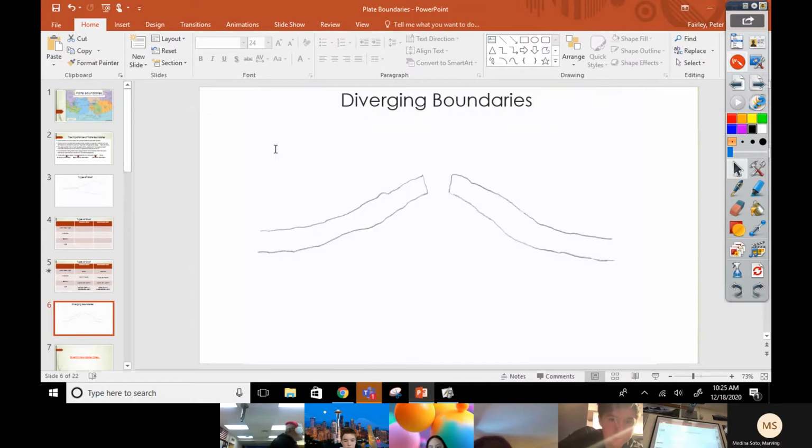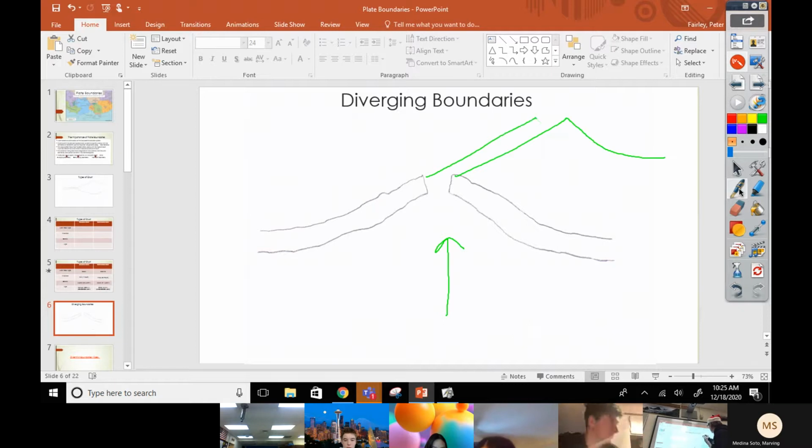So at a diverging boundary where the plates are moving apart, the magma comes up, it lifts up this mountain range. Remember, this is in 3 dimensions. It might look something like this. There's a valley at the top of the mountain range called a rift valley where the plates are being torn apart.